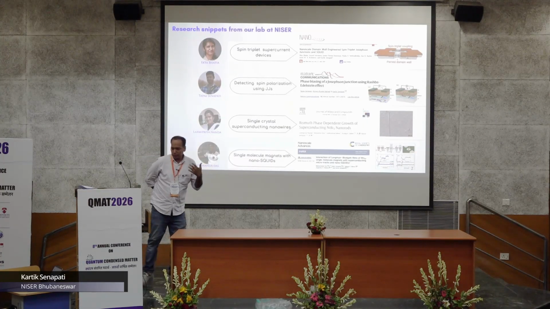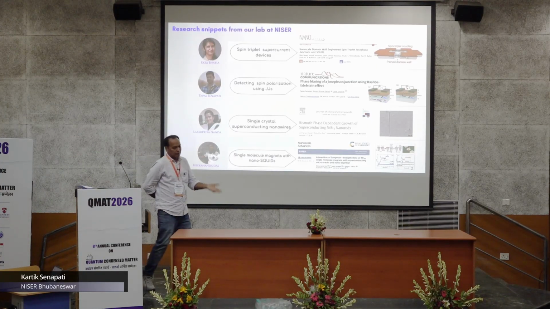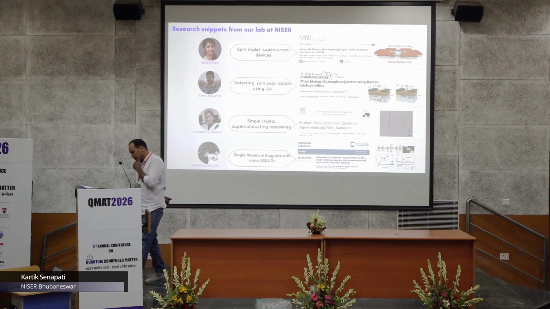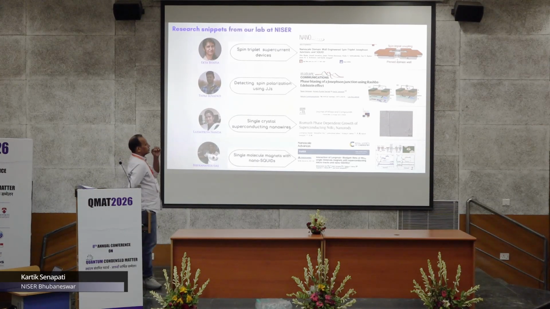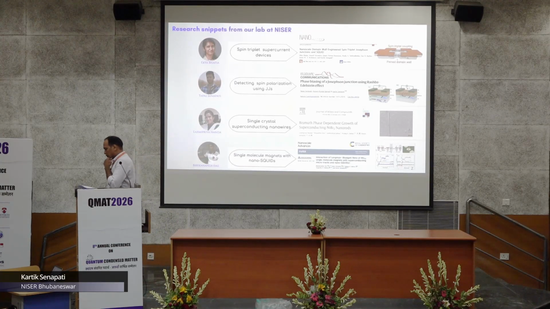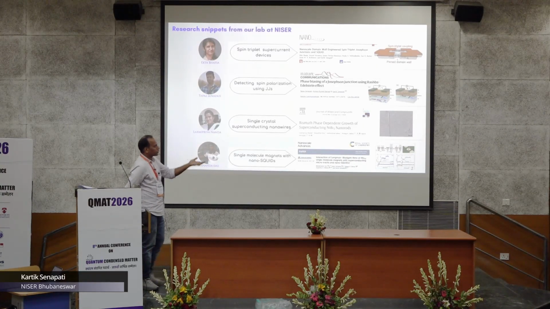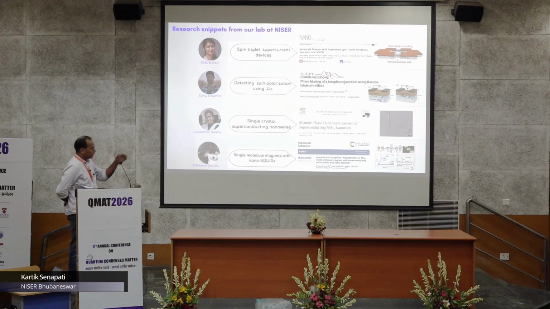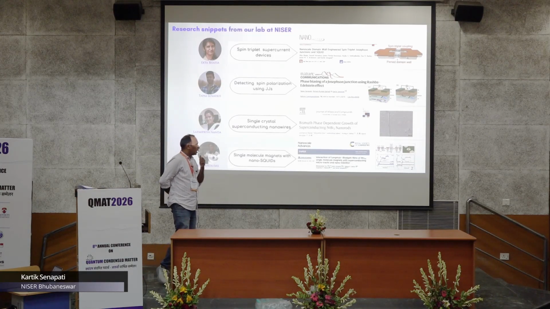This is very important because growing single crystal superconducting nanowires directly during the film growth of a thin film is unusual, and there are not many ways to do it. By depositing a film itself, we got a nanowire. One can see these references for the details.